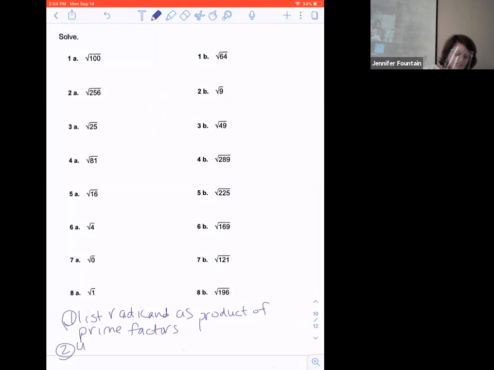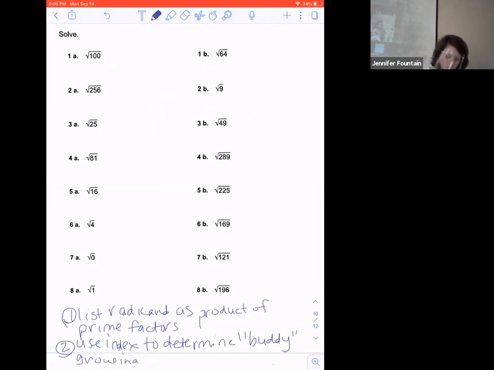Step 2 is I need to use that index to determine buddies. So I'll call them buddy groupings. So use the index to determine buddy groupings.